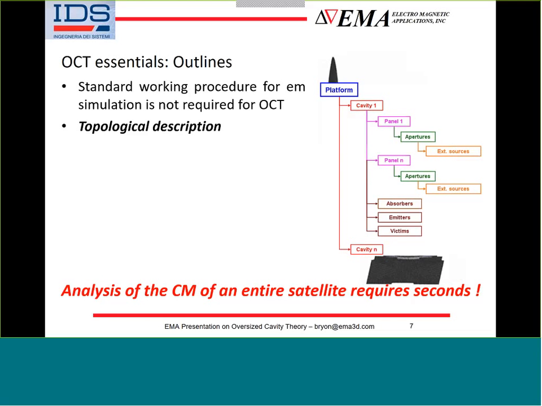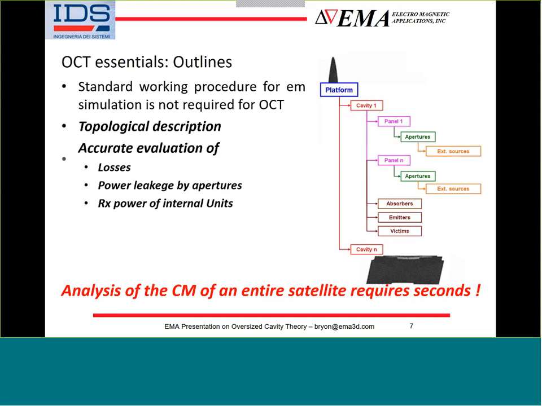It's actually a very intuitive way to design the simulation, to set up the simulation geometry. And we'll see that as we go forward, but it's a pretty intuitive way to do a radiated susceptibility analysis in a very quick way.